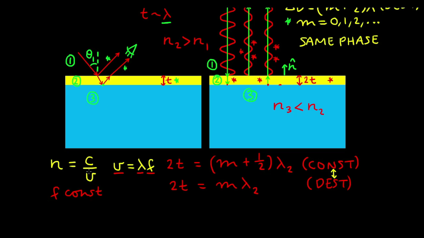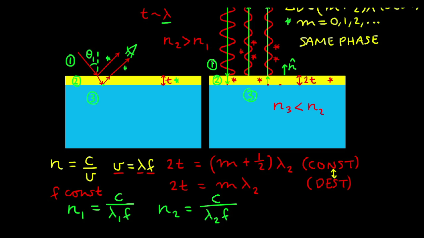So therefore for our incident medium, we have n1 is the speed of light on the speed of light in the medium, which is lambda 1 by the frequency of light. And similarly for our second medium, we have the speed of light on the wavelength in the second medium multiplied by the frequency.